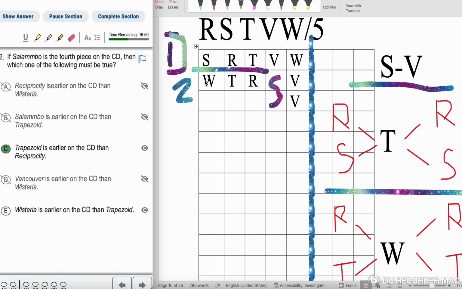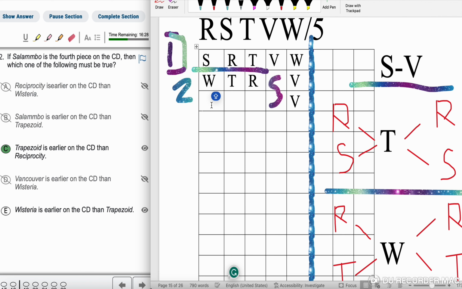W has to be before R and T has to be before R and S. So is W earlier than T, is T earlier than R? Just to double check real quickly, let me see if I can make both of these answers work out.